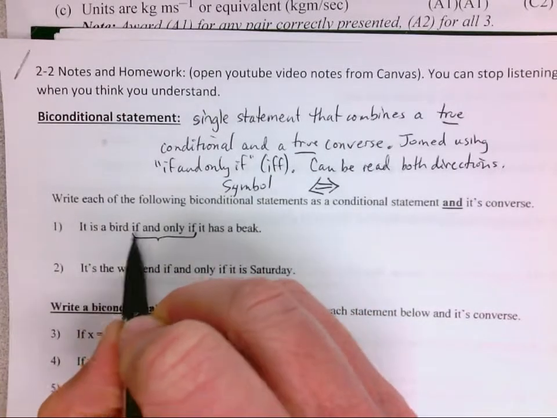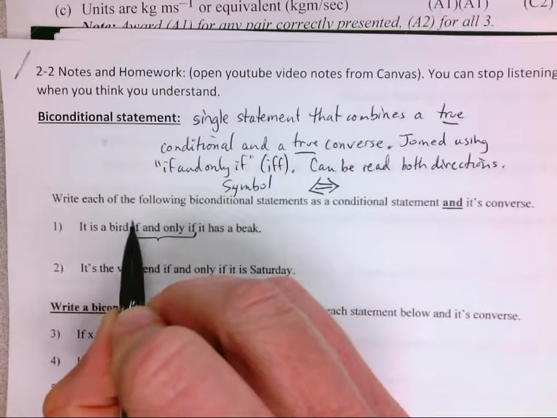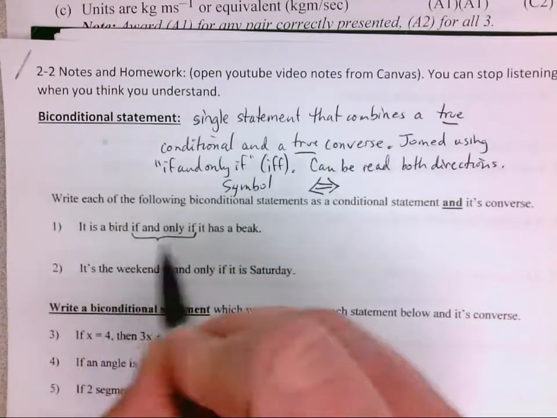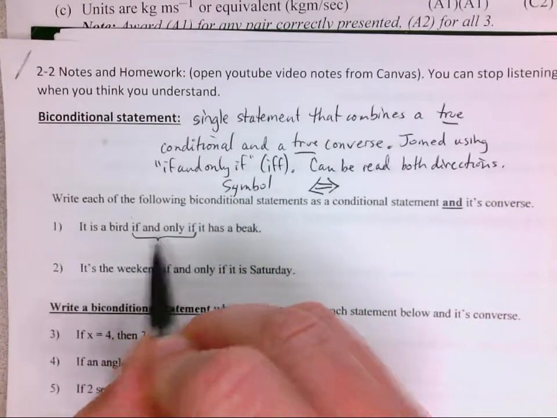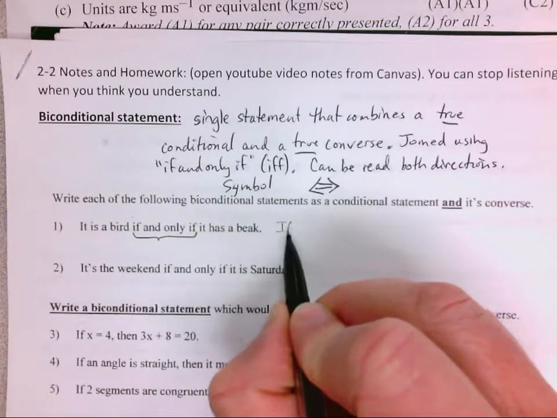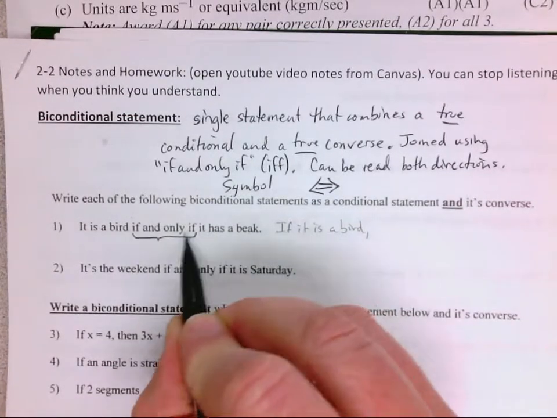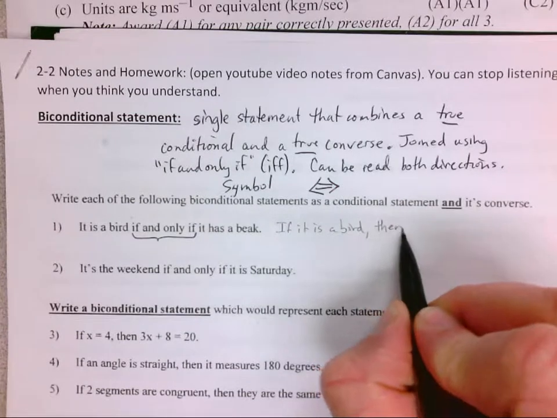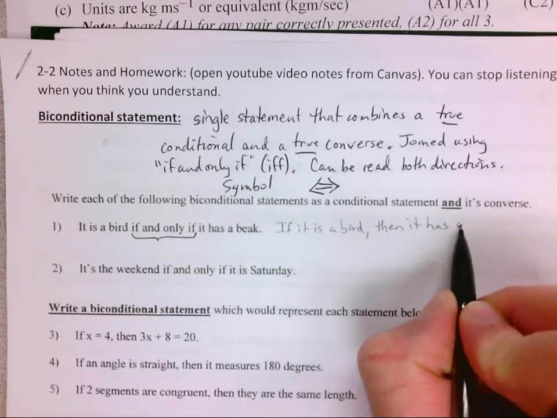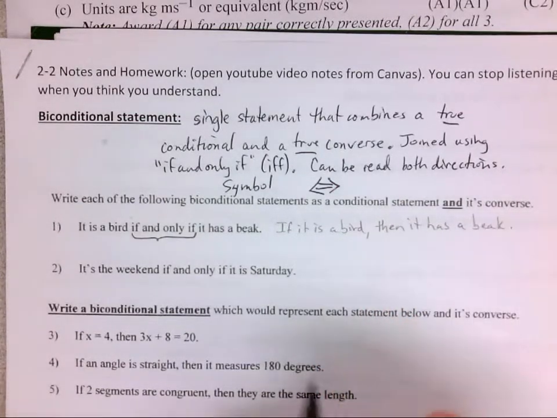One way to break this up is to take the if and only if out and say if it is a bird, then it has a beak. That would be the conditional.